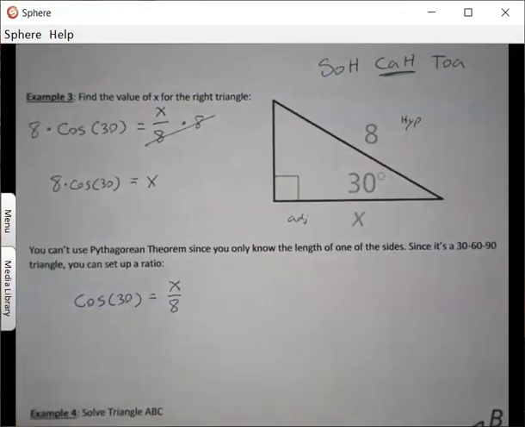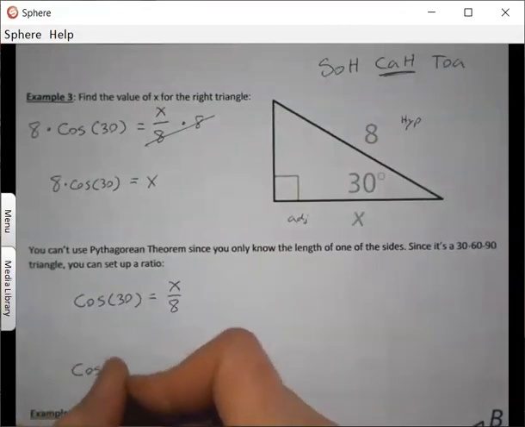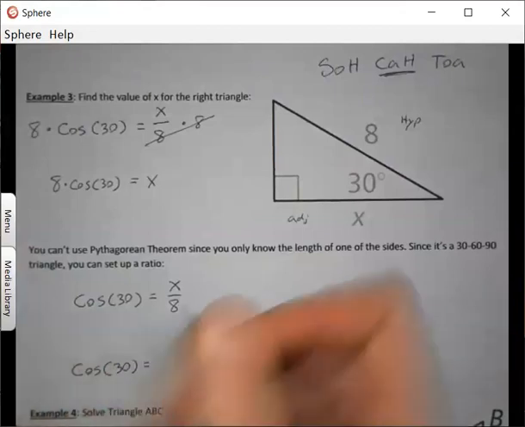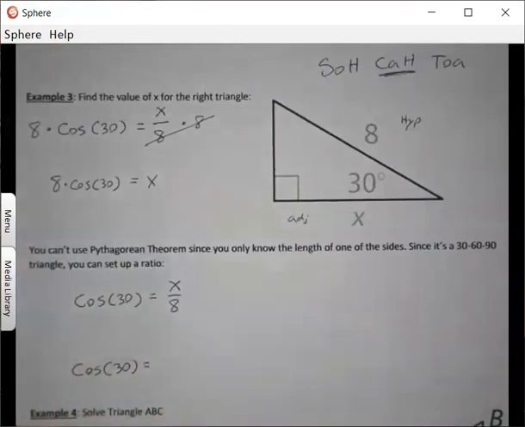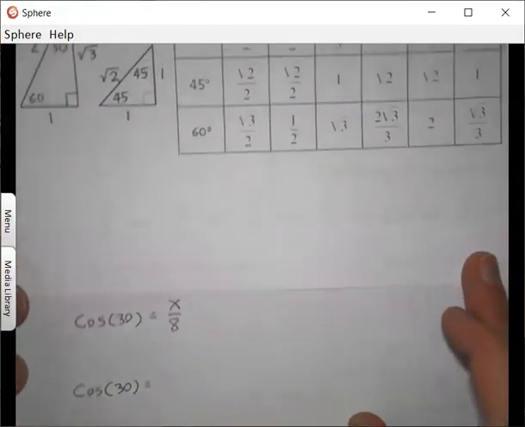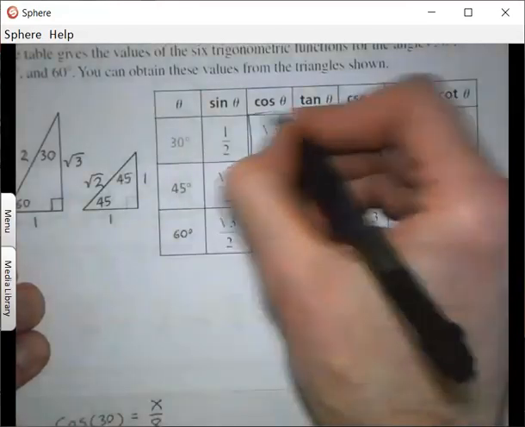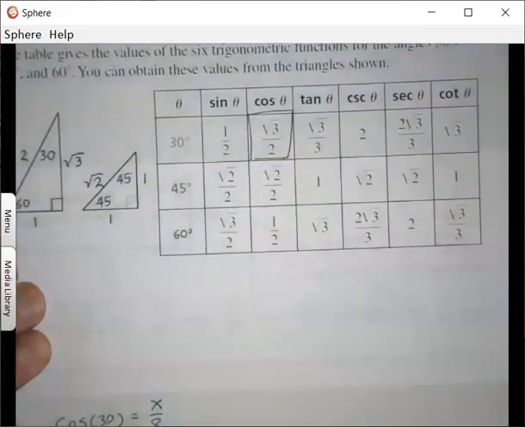And we're going to take a look at our chart and find out, well, for our special right triangle, what is the cosine of 30? Now, we could draw the triangle, have x equal to 1, find cosine is adjacent over hypotenuse. But we also have this handy chart, so let's take a look. So cosine of 30, root 3 over 2.